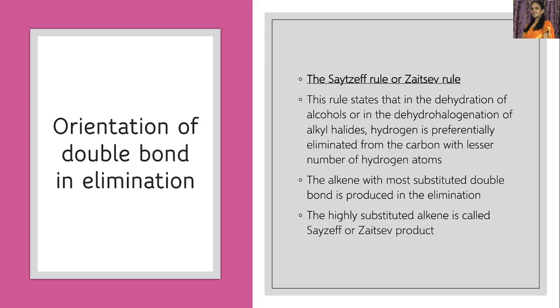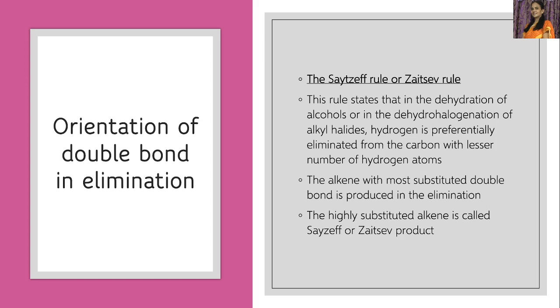Whenever an alcohol or alkyl halide is present, the hydrogen atom is eliminated from the carbon which contains less number of hydrogens, then that rule is known as Zaitsev rule, and the alkene with most substituted double bond is produced in this elimination reaction. The highly substituted alkene is called Zaitsev product.